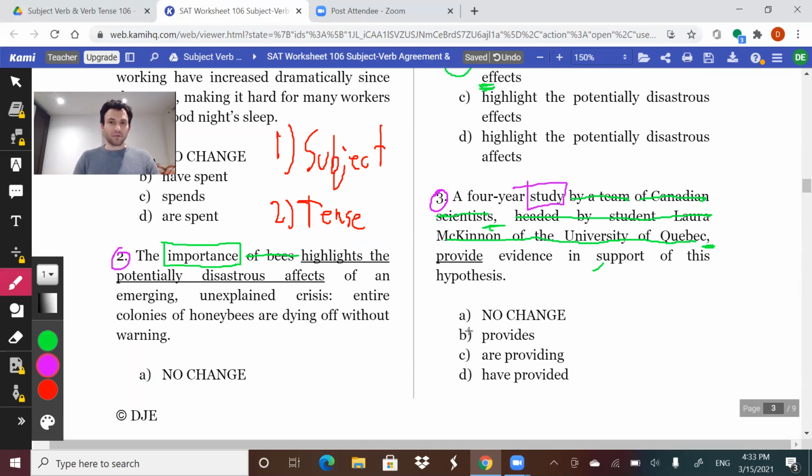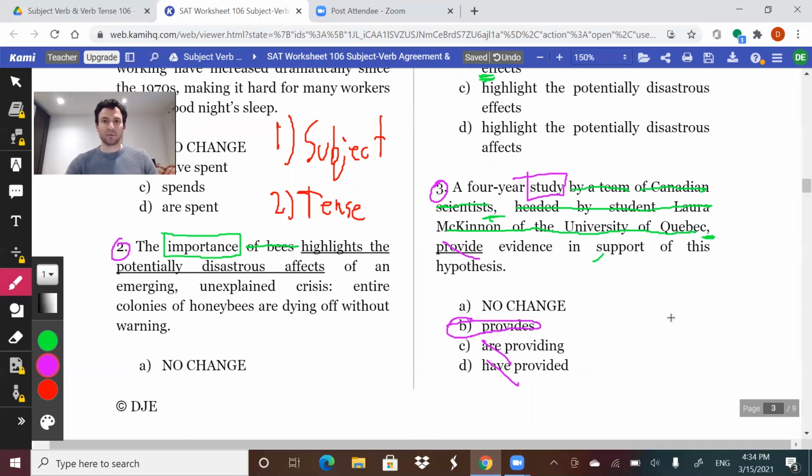So a study provides. Every other one is in the plural form. Are, have, provide. We don't even care about the tense. Just by knowing what the subject is, we know it can only be the singular. Again, a lot of noise with prepositional phrases and parenthetical bits. But we know whenever it's a verb question, we just need to hunt down our subject and stay disciplined.